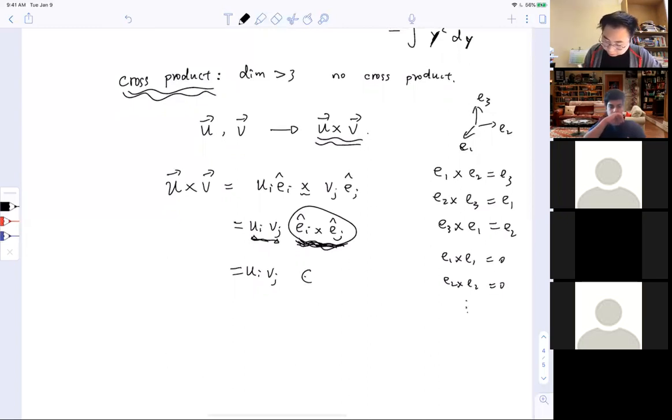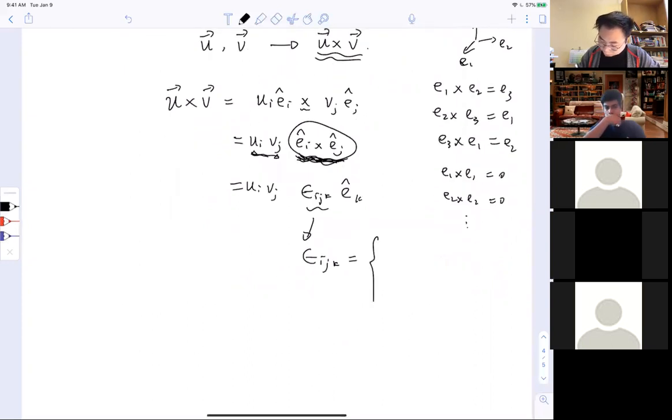Then there's the so-called Levi-Civita symbol, epsilon ijk ek. Epsilon ijk equals 1 when the three indices are different and in this order: if ijk equals 1, 2, 3, and you cycle them, you get 2, 3, 1 and 3, 1, 2.